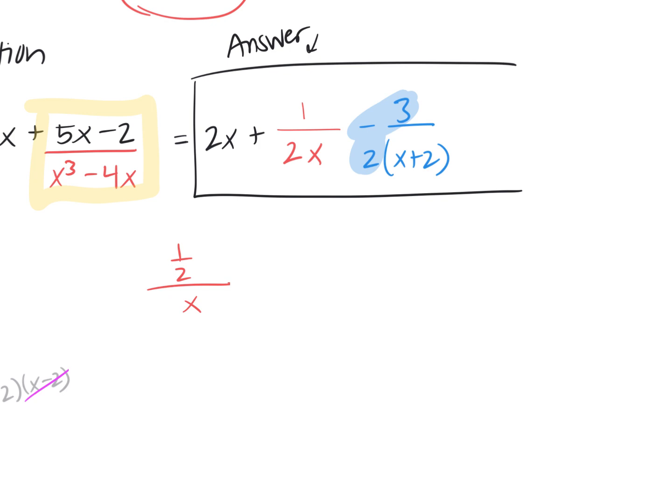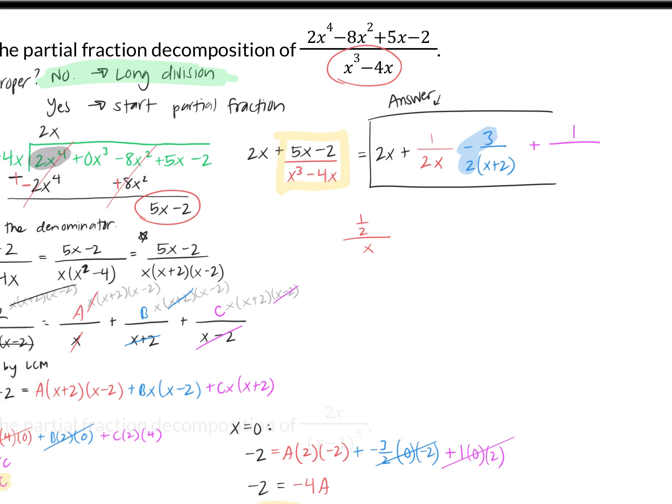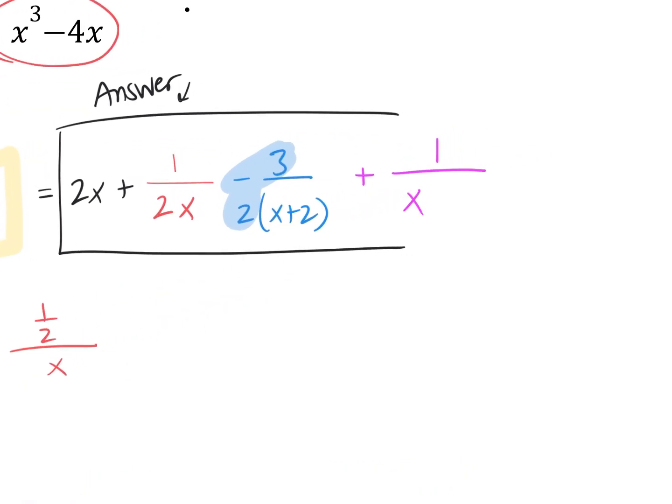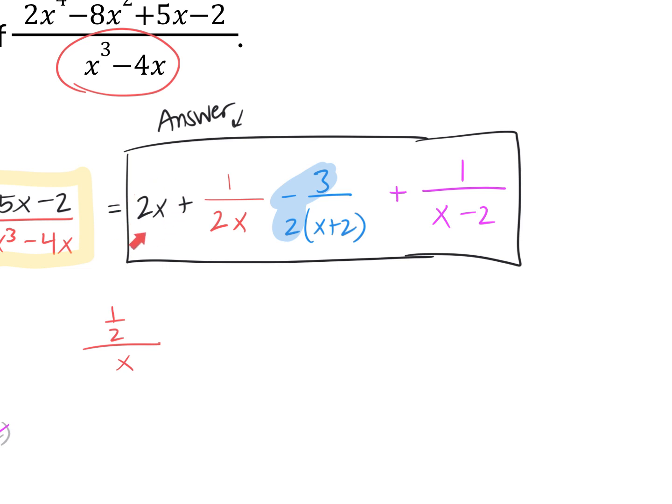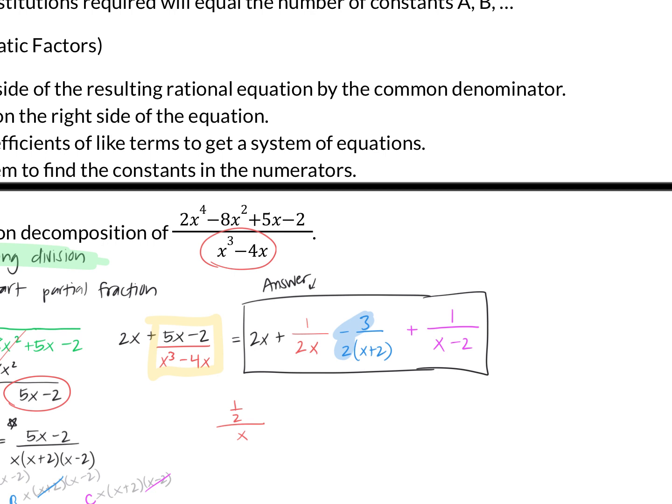Okay, and then your last one here is we've got c, which was 1, so I've got plus 1 divided by, my fraction denominator for c was x minus 2, so I've got divided by x minus 2. Okay, so your whole answer, after we did the division, we first had the 2x as a whole remainder, right? So that went in evenly, so I'm leaving that in my final answer, and then I'm splitting up the fraction into 3 separate fractions that make up that one highlighted in yellow on the left. Okay, if I went and multiplied all of these by the same denominator here, I would end up getting back to my final answer that I started with.